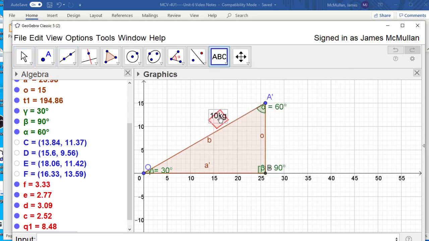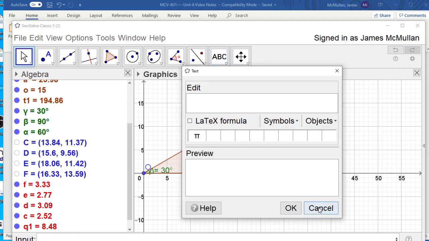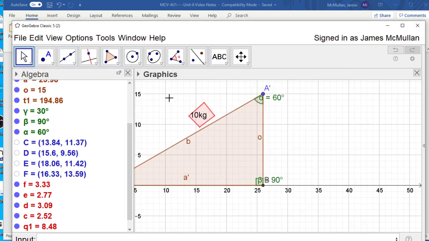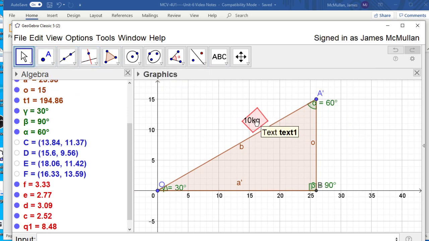So what is happening to this block right now? The only force acting on it is the force of gravity. So what I'm going to suggest is let's draw the forces acting on this object.